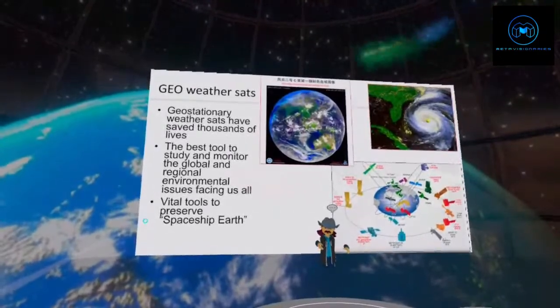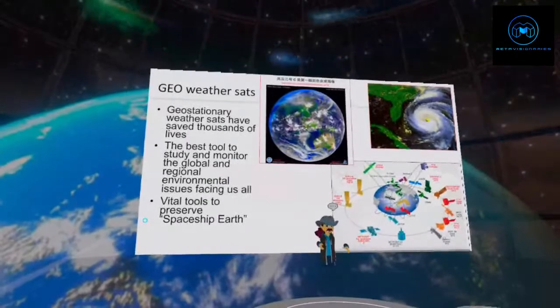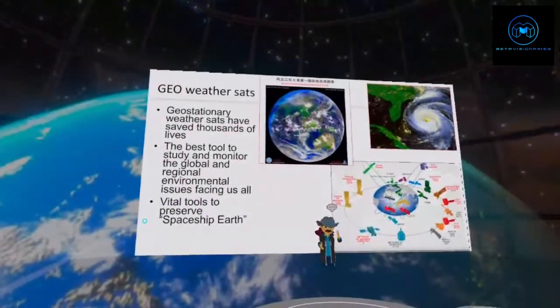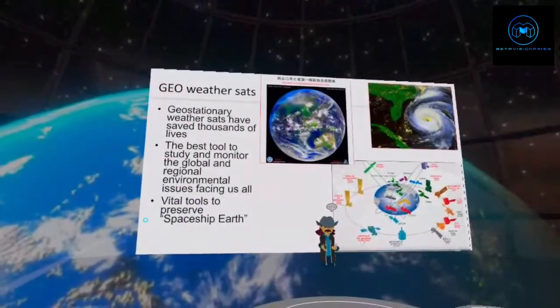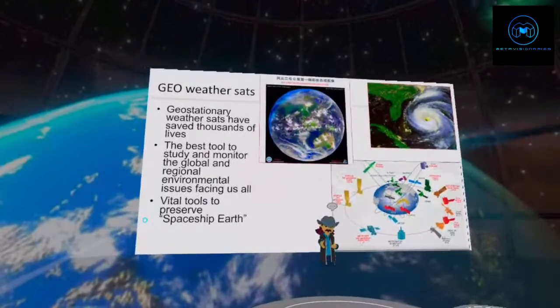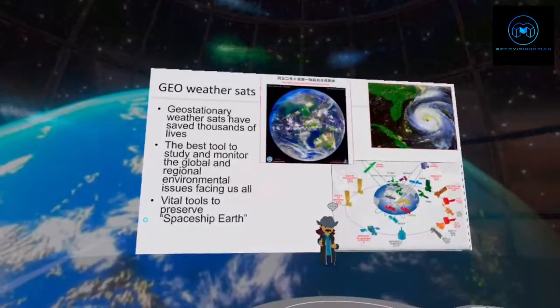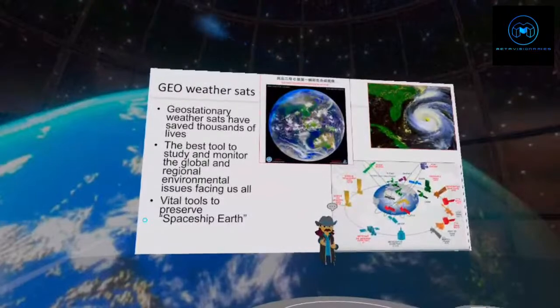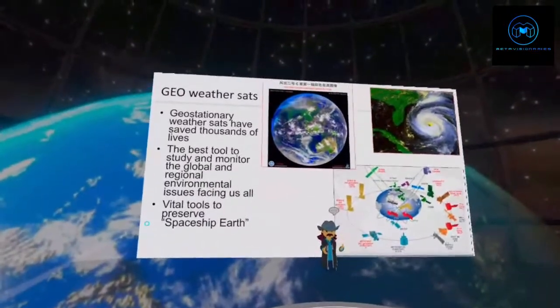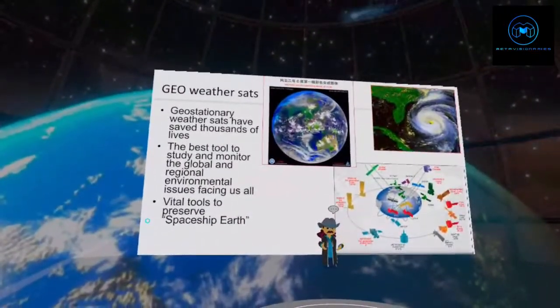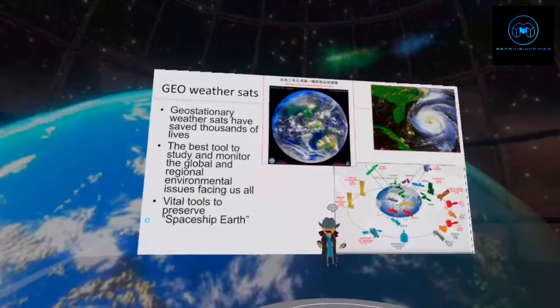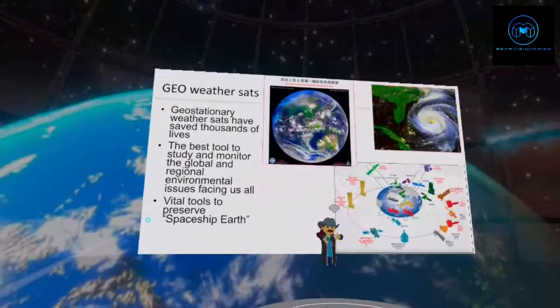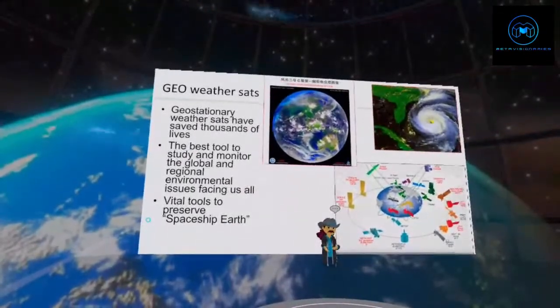We also have out in the geostationary ring, geo is not just the domain of telecom satellites. We have an entire ring of satellites operated by many nations in the geostationary ring. And these are constantly observing our planet, not with high resolution, but looking at the entire surface of the planet.